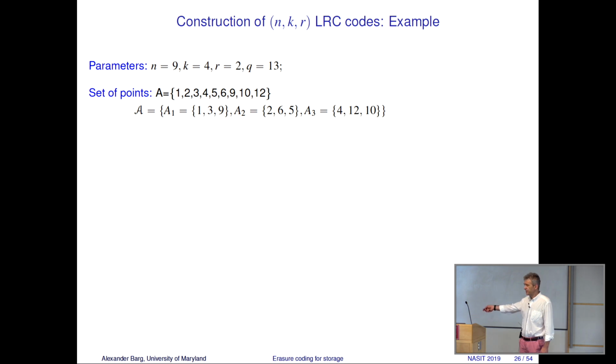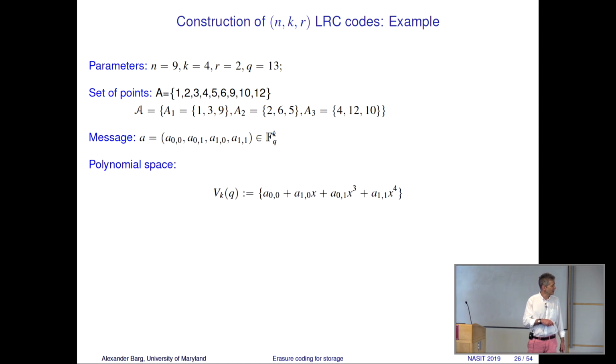Let us say that the evaluation points p1 to pn are the elements 1 to 12, so we evaluate all the elements except 0. Partition these evaluation points into 3 recovery groups, A1, A2, A3, as shown here. Our message is of 4 symbols over the field of 13 elements, and we index them a00, a01, a10, a11.